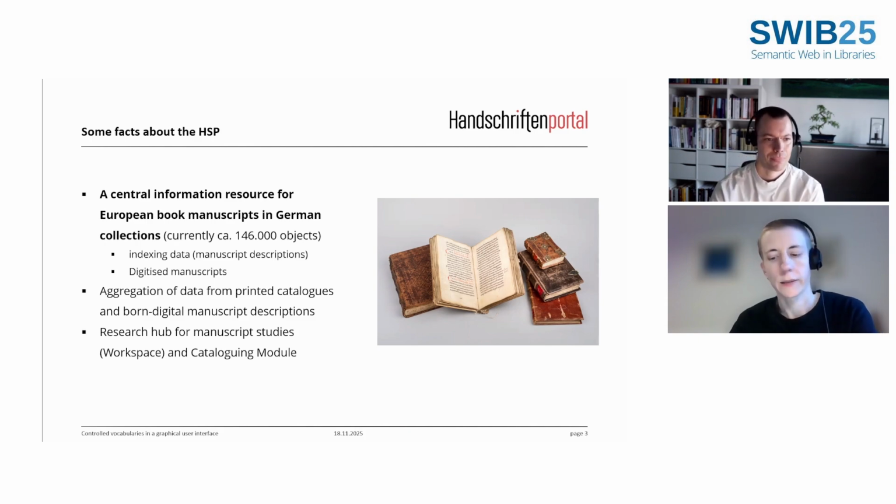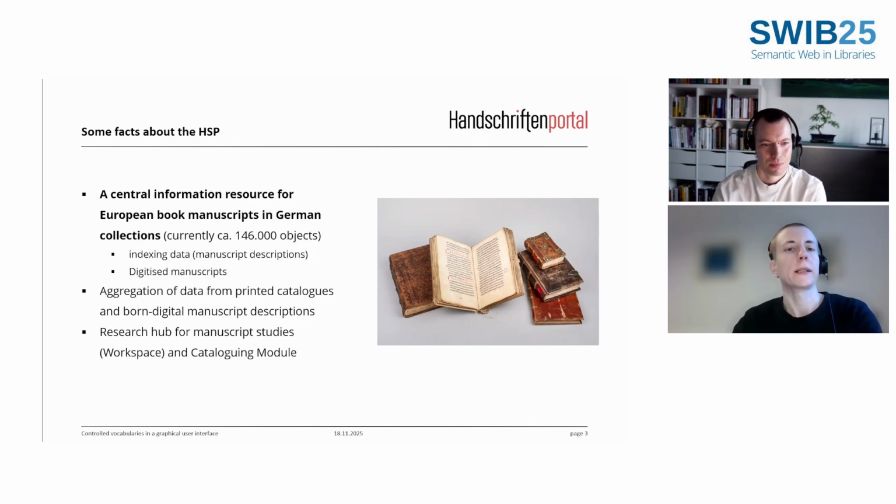On the other hand, the portal also serves as a central reference for digitized manuscripts from German libraries. In contrast to the indexing data, which is directly stored inside the Handschriftenportal, the digitized images are held in the owning institutions, and they are only loaded into the portal via IIIF manifests. So there is a difference in how the data is stored.